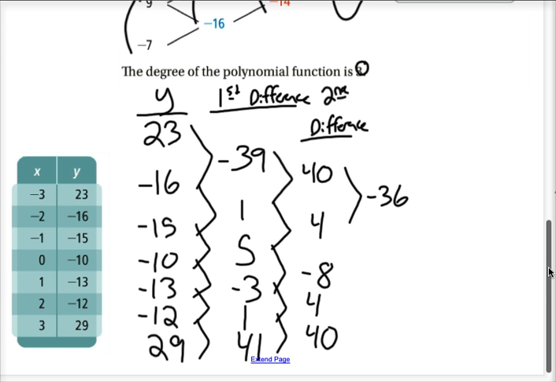You have to go down 36. 4 down to -8 is a -12. -8 up to 4 is 12. And 4 up to 40 is 36. Right, so that is our third difference.